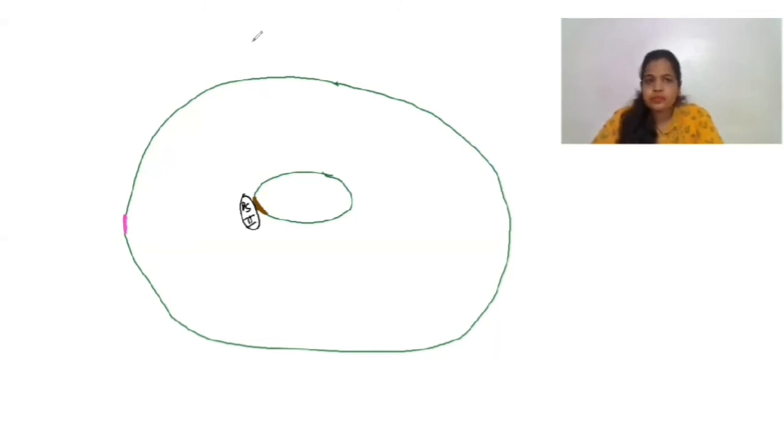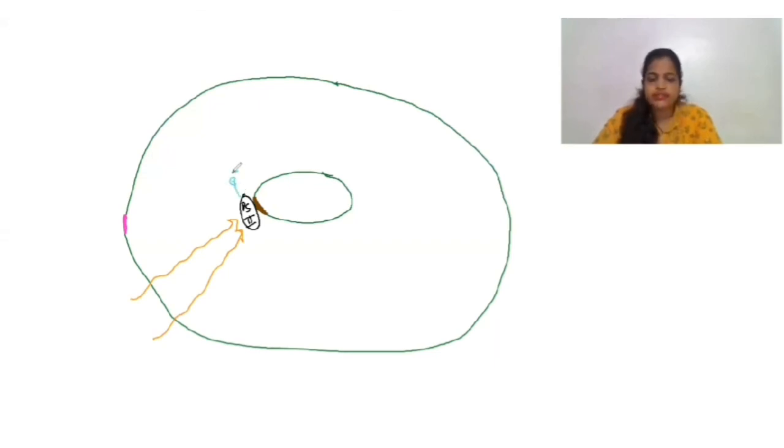What happens? This PS2 gives electrons when it gets photons of light. So light is falling on this PS2 like this, and as soon as the light falls, it gives out its electrons.